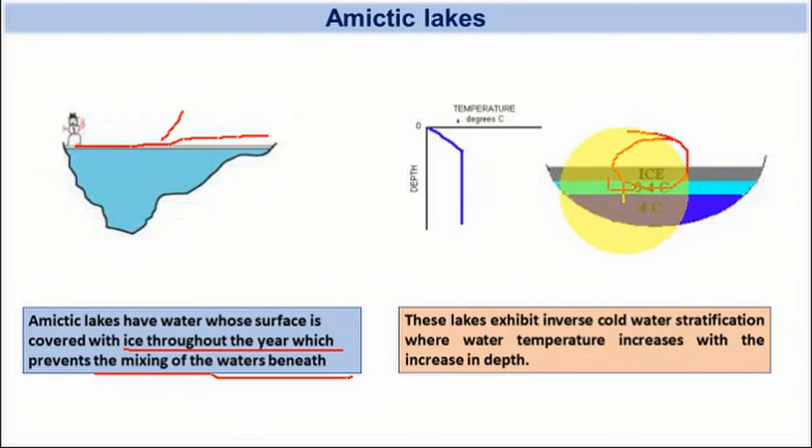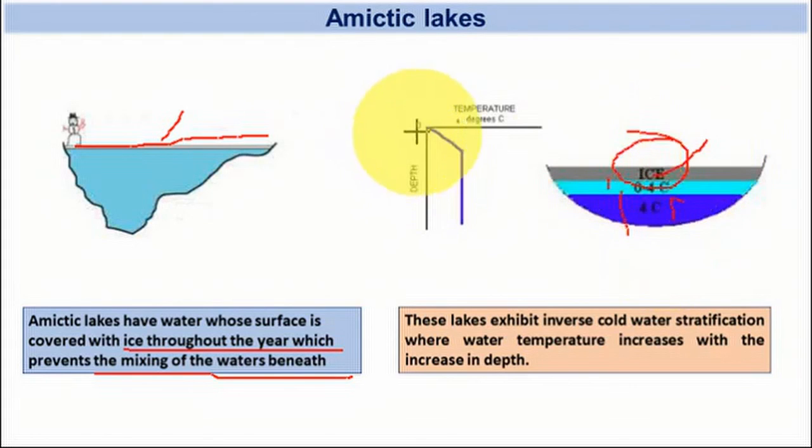So once one goes deep into the water, in case of an amictic lake, he or she will find 4 degrees Celsius water, which is very dense, at the bottom of the lake. But at the top it will find ice.